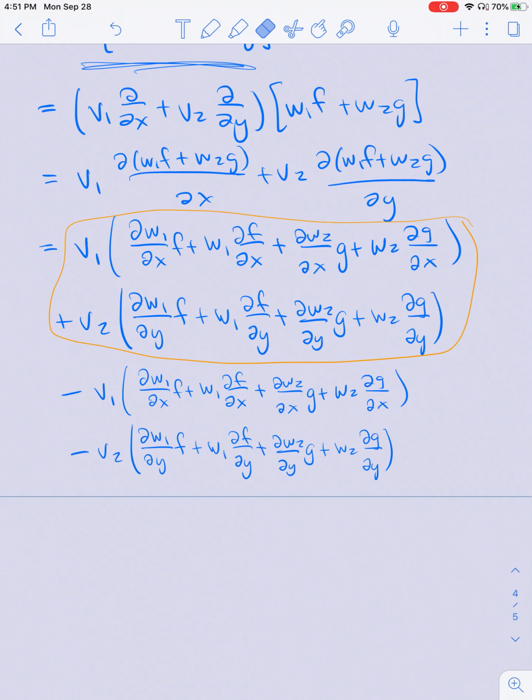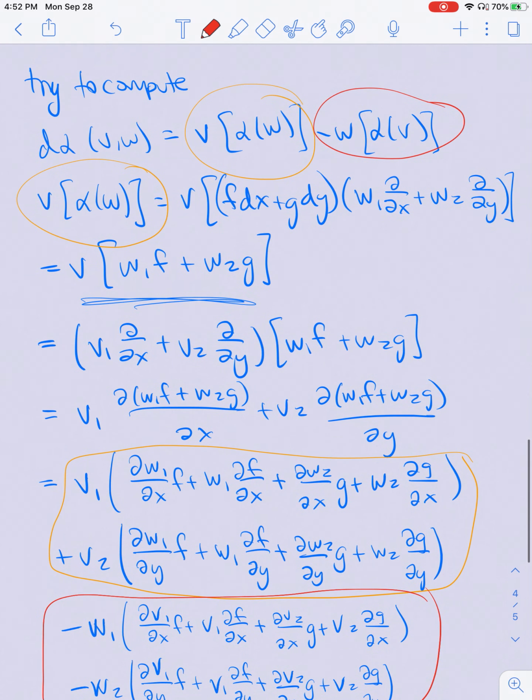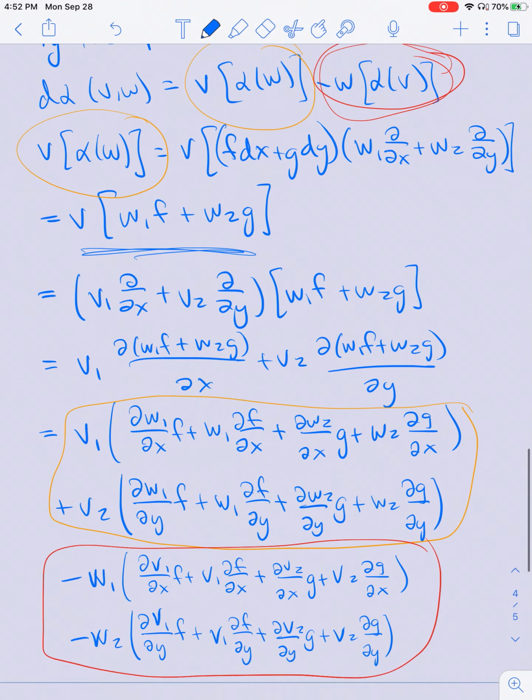And then now I should be changing all the v's to w's and w's to v's. Okay, so now this gives me the term that I circled in red above, this w term, w applied to alpha applied to v. So now let's go through and simplify.